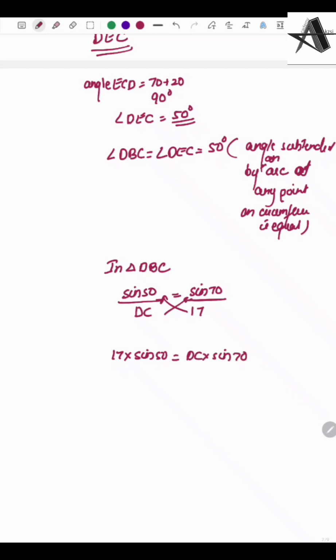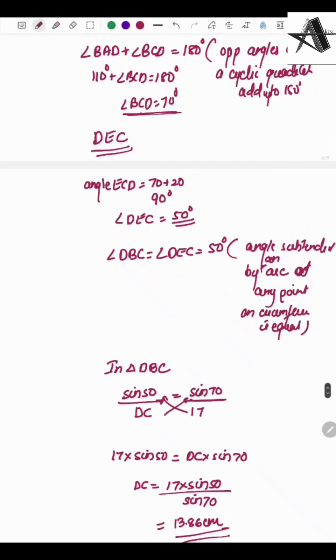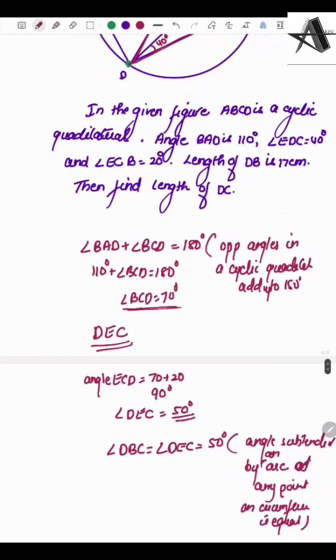Dividing both sides by sine 70, I'll get DC is equal to 17 into sine 50 over sine 70. This will give me the answer as 13.86 centimeters. So this is the length of DC that they are asking you to calculate.